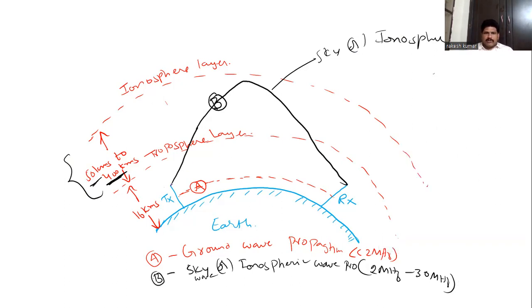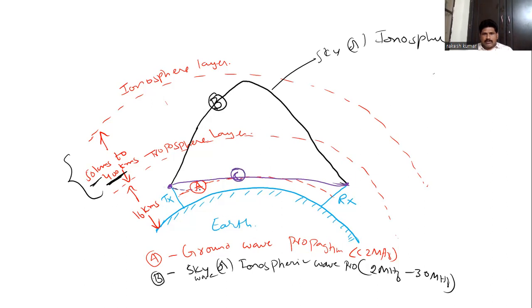See here, this is my transmitting antenna and this is my receiving antenna. Let us consider this is C. What does C indicate? C indicates tropospheric or space wave.